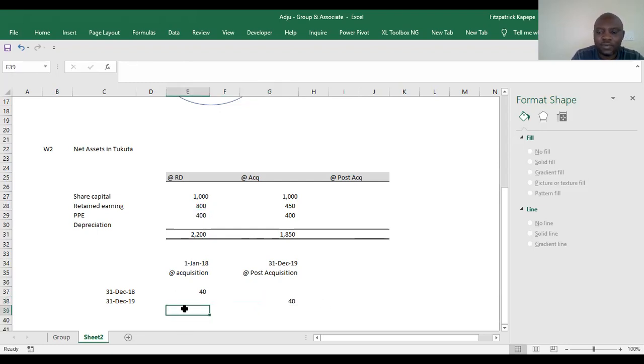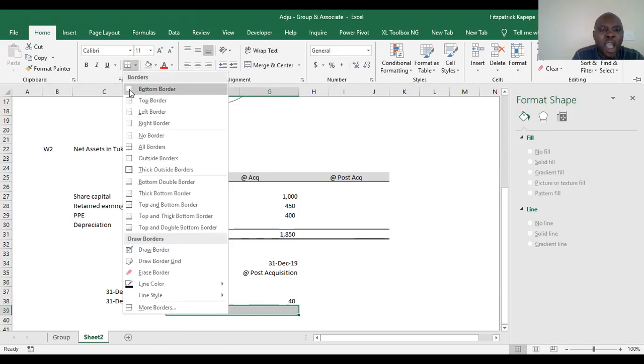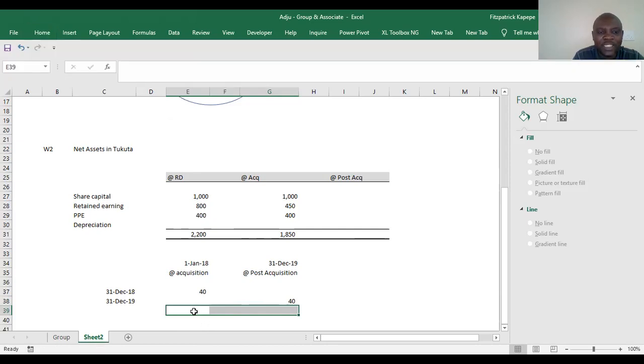But the cumulative depreciation would be 80.